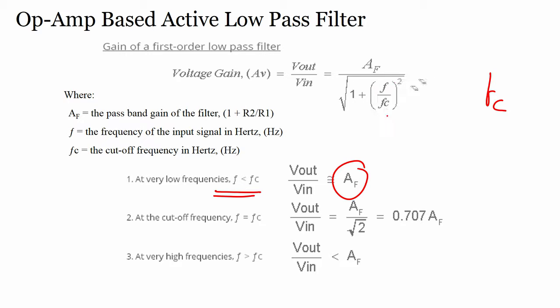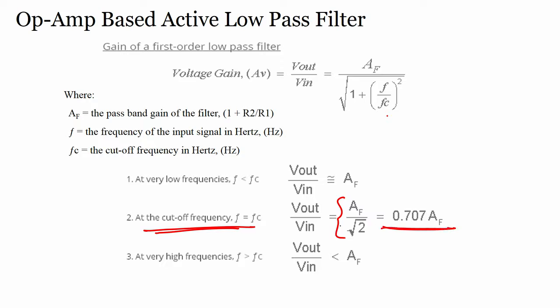If we go for the second one, which is the cutoff frequency, at cutoff frequency F equals Fc, we find Vout upon Vin equals AF by the square root of 2, which will give you this particular value. At very high frequency, when F is greater than Fc, in that case we will find Vout by Vin is less than AF.